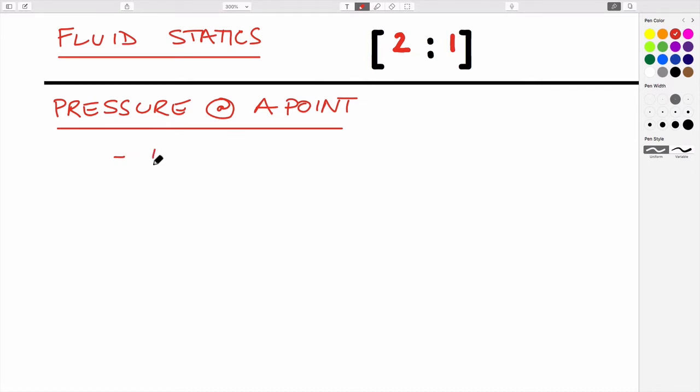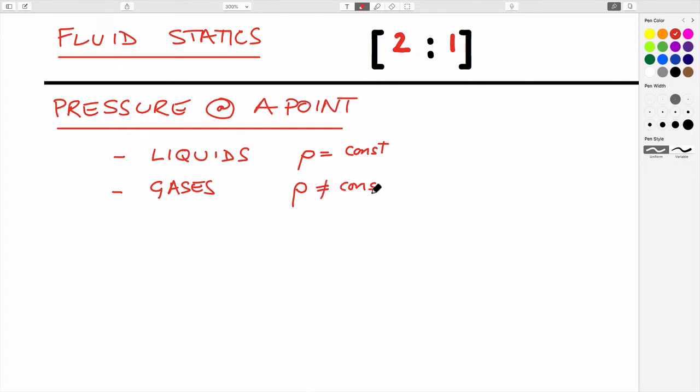They come as liquids, which are incompressible and have a free surface, where we can think of density as basically constant. And they come as gases, where density is not constant.